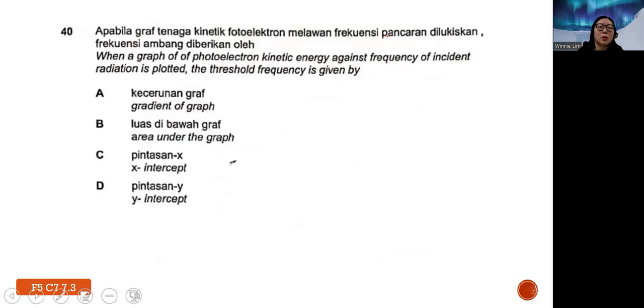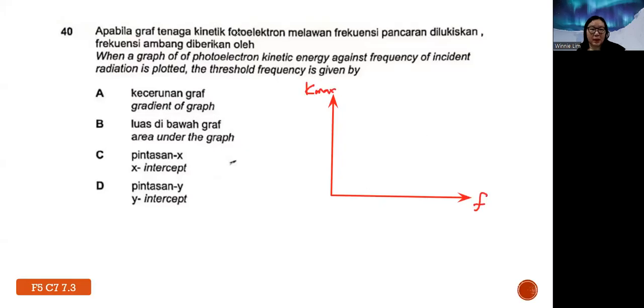Last question. When a graph of photoelectron kinetic energy against frequency of incident radiation is plotted, the threshold frequency is given by which part? For understanding, we can actually plot the graph of Kmax versus frequency.